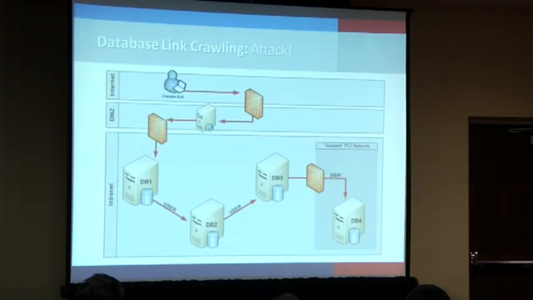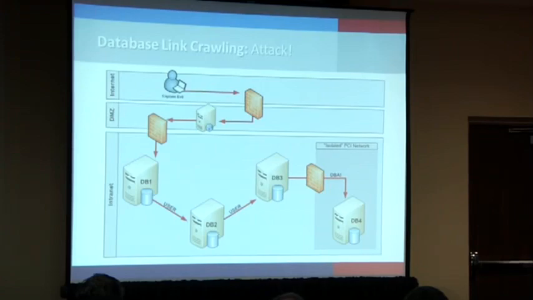So here is kind of a normal network diagram of what we've seen. When we do an external test, we might find an application server with SQL injection that you can see in the DMZ that connects back to database server in the internal network, DB1.